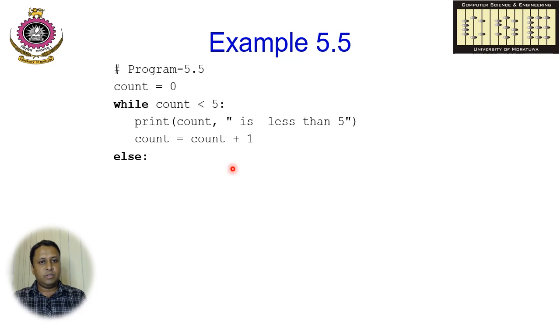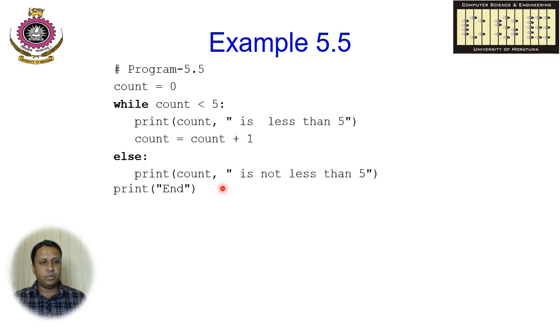And then also the else clause is given, and within the else clause, you see the indentation once again. Whatever is indented after the else keyword will be executed within the else clause. So there's also a print statement inside the else clause.